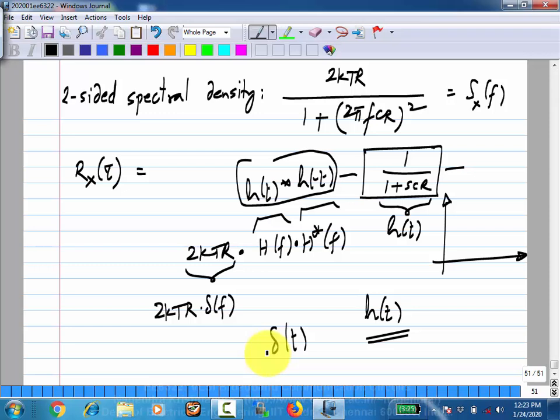Okay, because if you integrate this with respect to time, it should become 1. So this is something that you should keep in mind also. So h of t, what do you get? You can invert this, so it is 1 by RC exponential of minus t by RC. And what is the autocorrelation corresponding to this? Forget the scaling, just let me know the shape.